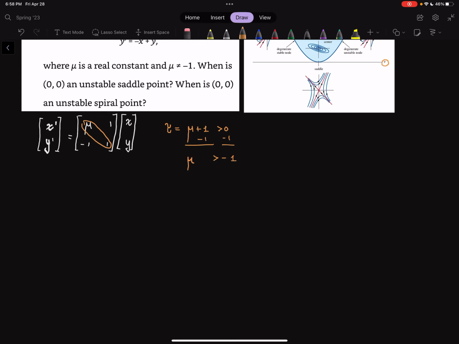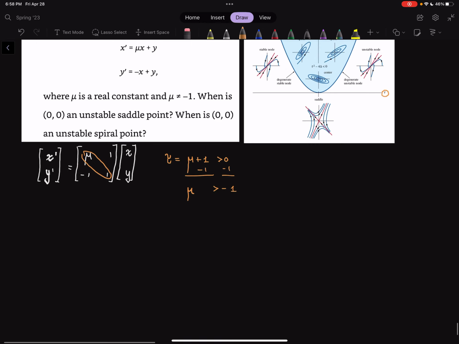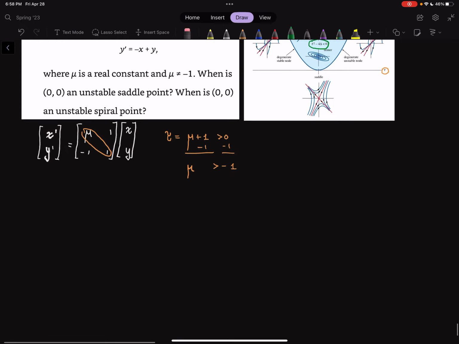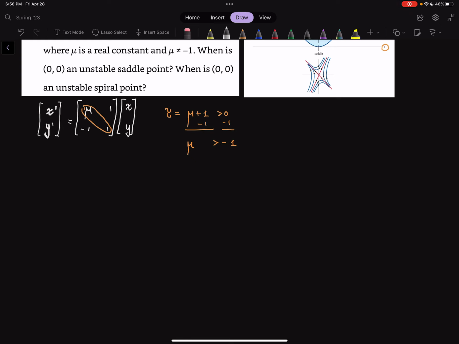Now, when is it an unstable spiral point, and when is it an unstable saddle point? So an unstable spiral point, as you see over here, we need to have the trace squared minus 4 times the determinant less than 0. So we already found the trace. Let's find the determinant real quick. I'll do that in yellow.